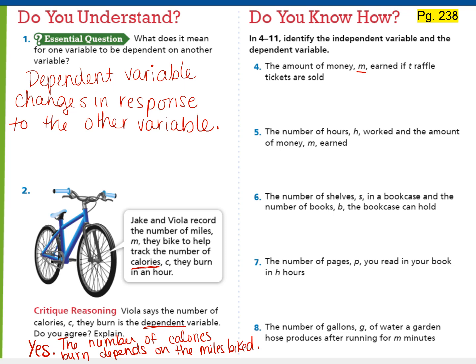My money is going to change due to however many raffle tickets are sold. So remember, the one that changes is your dependent. So M is dependent, and T would be independent.